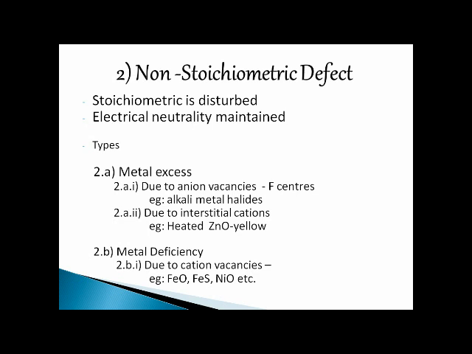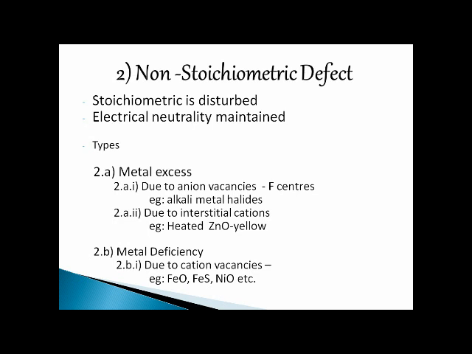The excess Zn2+ ions are entrapped in interstitial sites and an equal number of electrons are trapped in the neighborhood to maintain electrical neutrality. These electrons absorb light from the visible region and radiate yellow color.